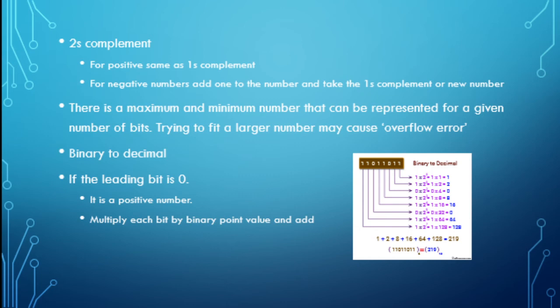We may also need to convert binary to decimal. If your binary number has a leading 0, then it is very easy. It is a positive number and you can multiply each bit by its binary point value and add them together. You can see an example in the image.